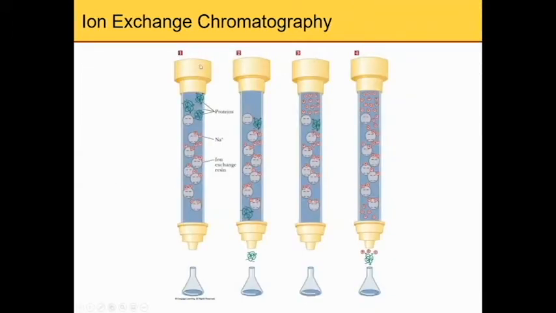And then this is an example of ion exchange. So when you run the protein through, you have this ion exchange resin, all right? So this one is the cation exchanger. Basically, because the resin is negative, it binds positively charged amino acids.